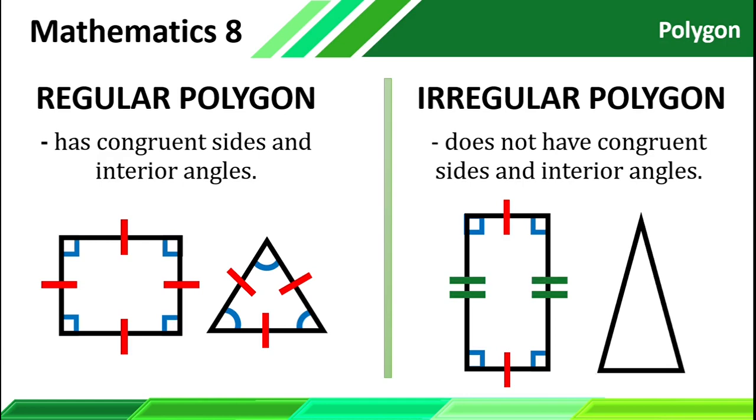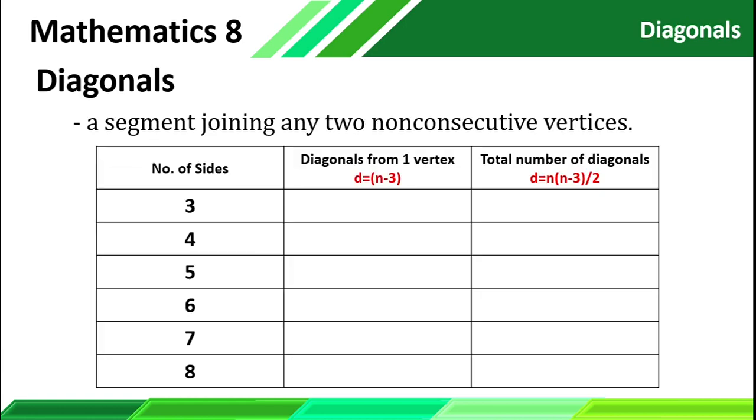On the triangle, even though we have two congruent angles, there is one different interior angle, and the measurements of the sides of the triangle are not congruent as well. So this can be under irregular polygon.